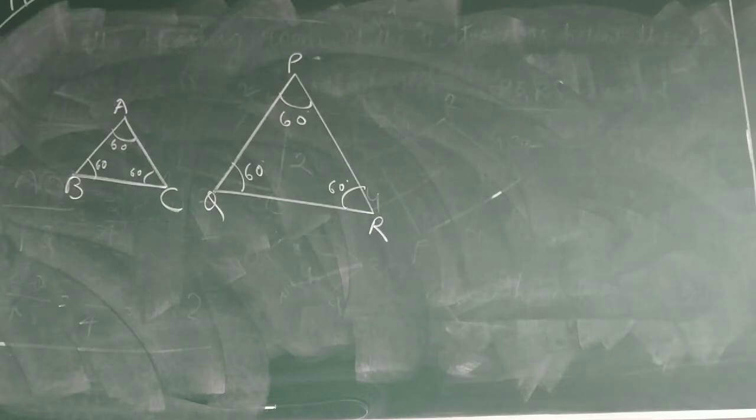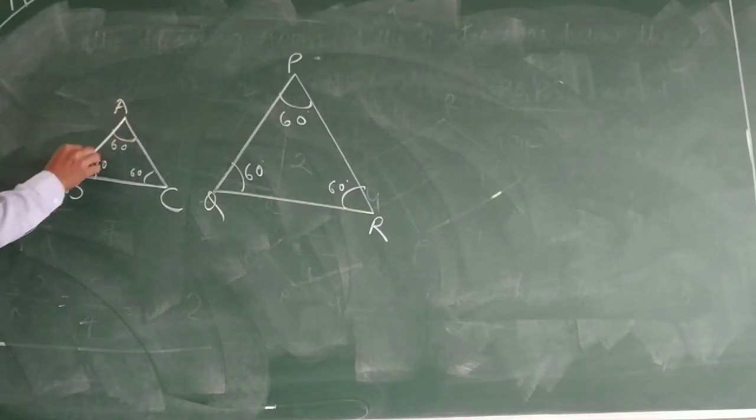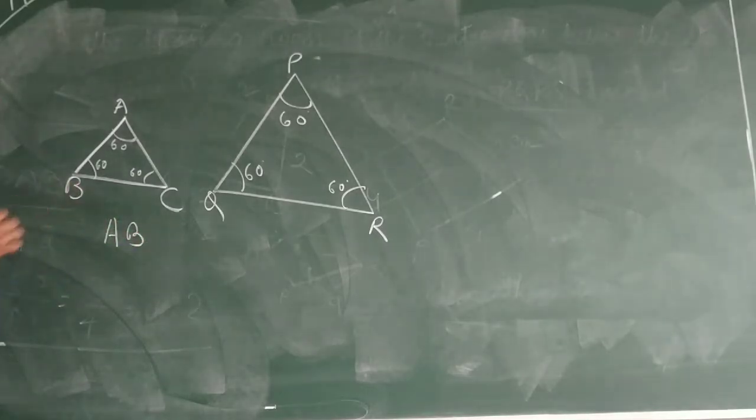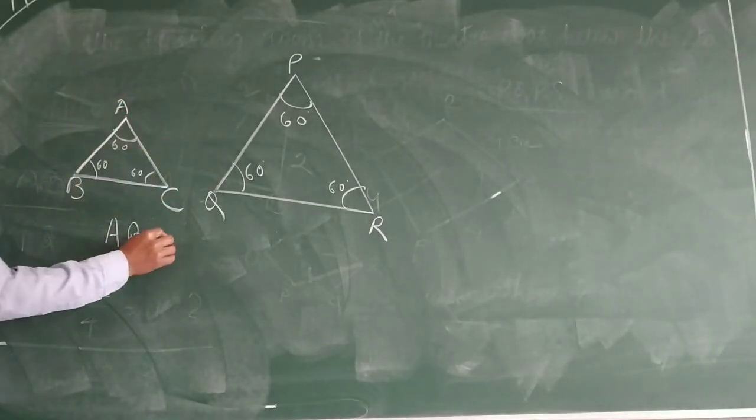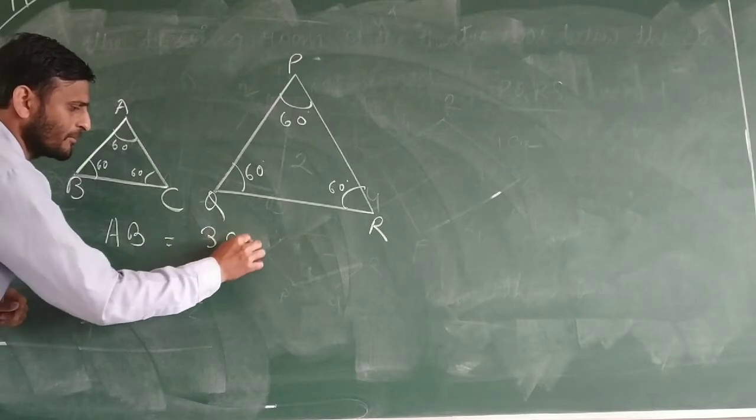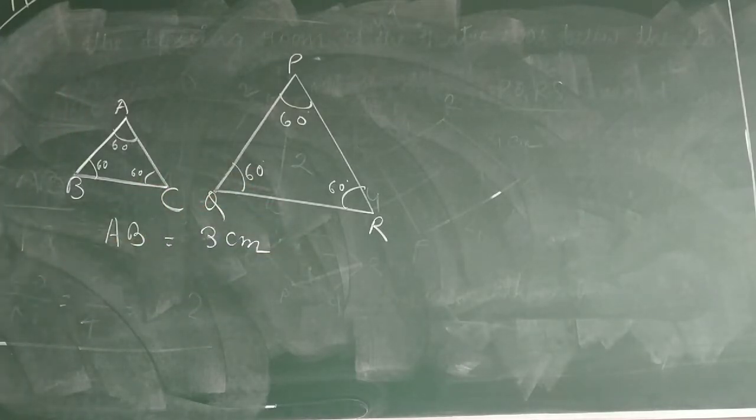Now if you measure the sides of triangle ABC, suppose side AB is 3 centimeter, correct?